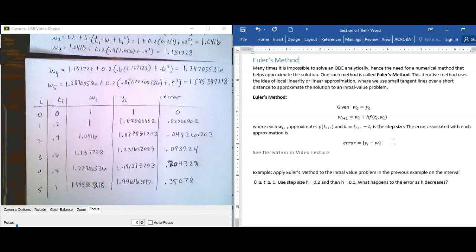Okay. So we can see here that the error is increasing as we go. Of course, the error is compounded because we're using approximations to generate these values. Okay.